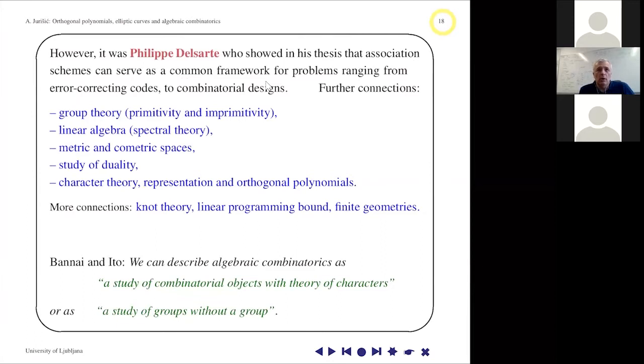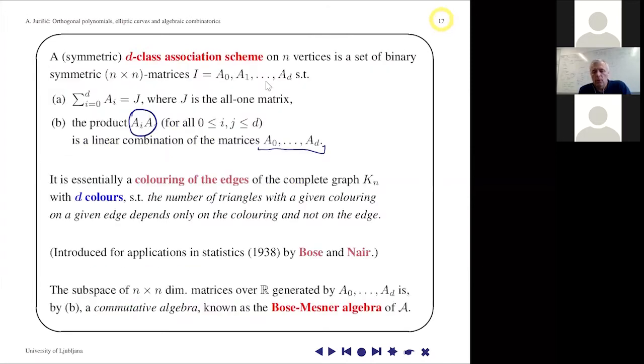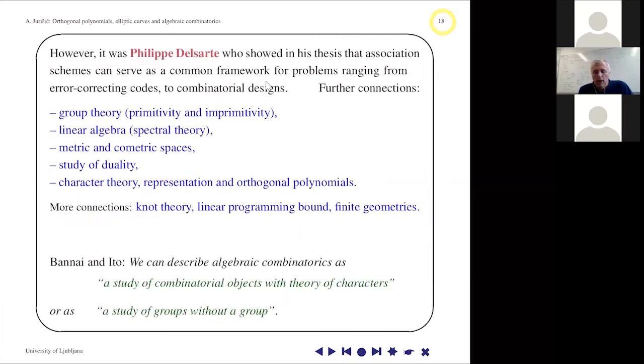And okay, it was Delsarte who started using this in the field of coding theory, because before this, association schemes were introduced just with applications in statistics in mind by Bose and Nair. But yeah, it turned out that there were many more connections with group theory, linear algebra, metric and cometric spaces, which actually define the distance regular graphs and polynomial structures.